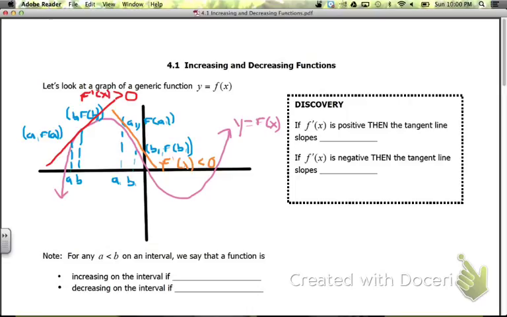So we can fill in here, if f prime of x is positive, then the tangent line slopes upwards. And if f prime of x is negative, then the tangent line slopes downwards.